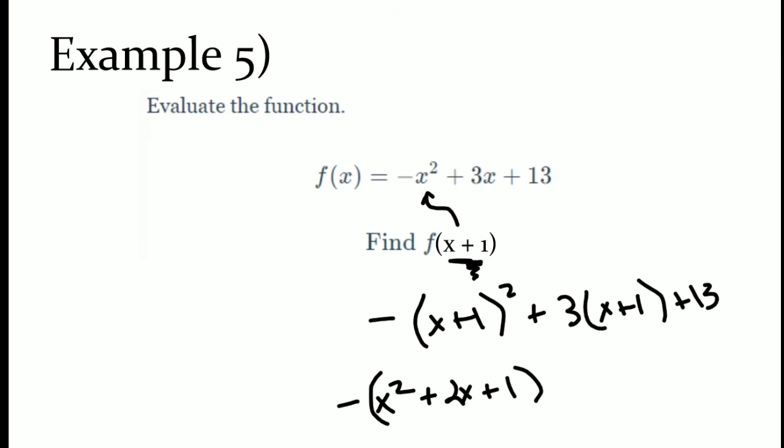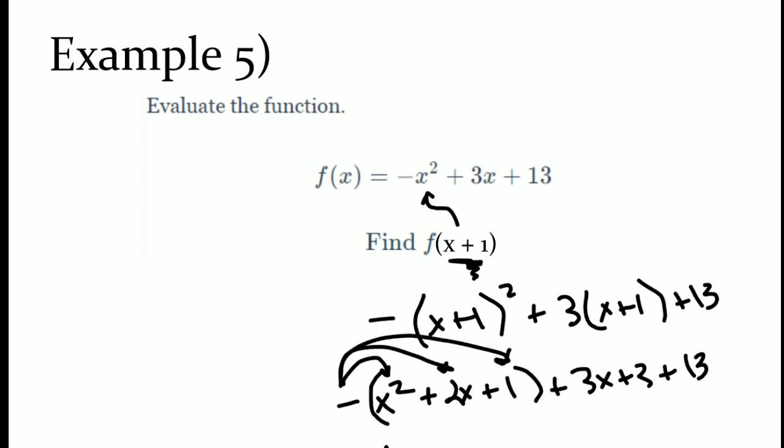I'm going to take the negative of that, plus 3x plus 3 plus 13. Go ahead and distribute this negative. Make sure you're maintaining the integrity of your parentheses here. If we have parentheses, then we distribute that negative to everything in the parentheses. So it's going to be negative x squared minus 2x minus 1 plus 3x plus 3 plus 13.